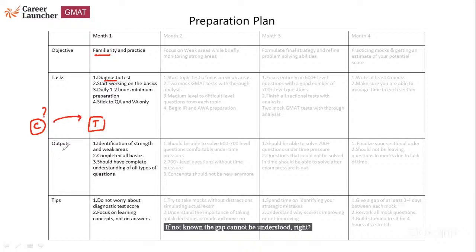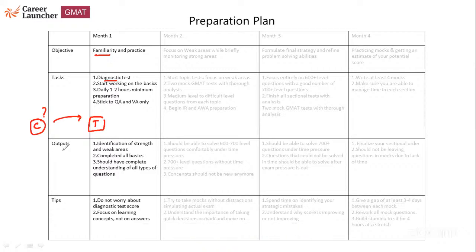Let's say if I'm at 605 and required to get 645, a 40, 50 points improvement, the preparation plan would be different as compared to, let's say, if my current score is 455 or 505 required to reach 645. A lot of times it comes up that I am not good in quant or not good in verbal or not good in both.